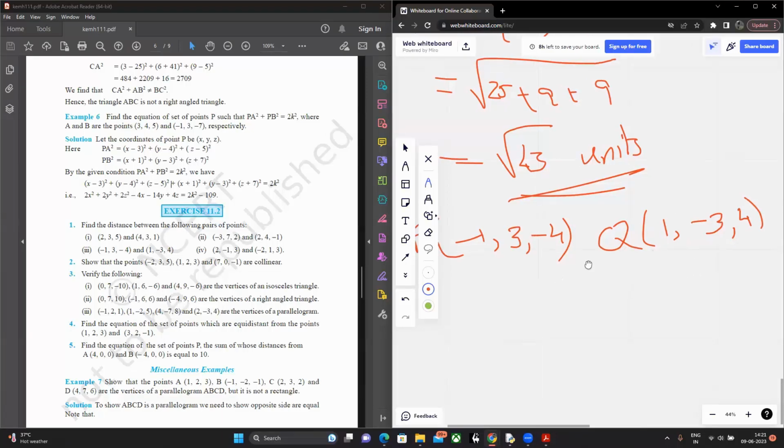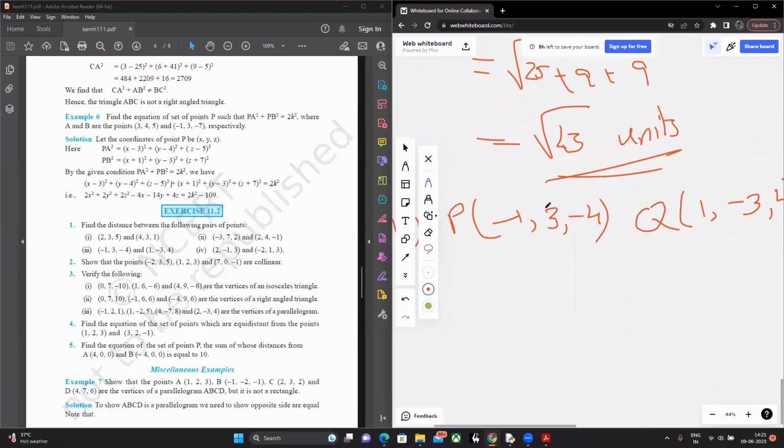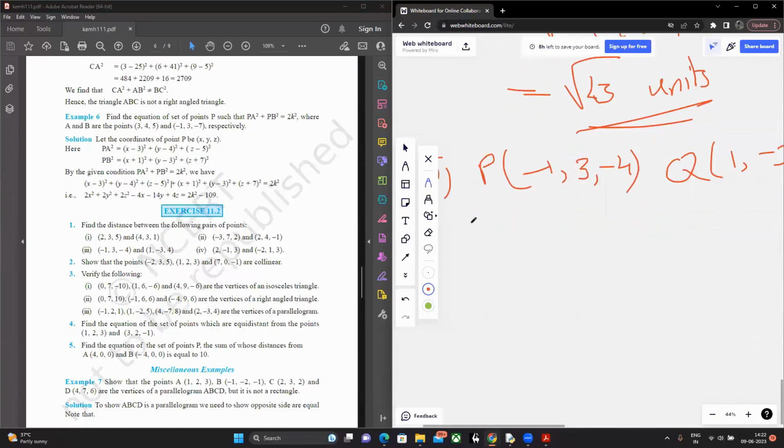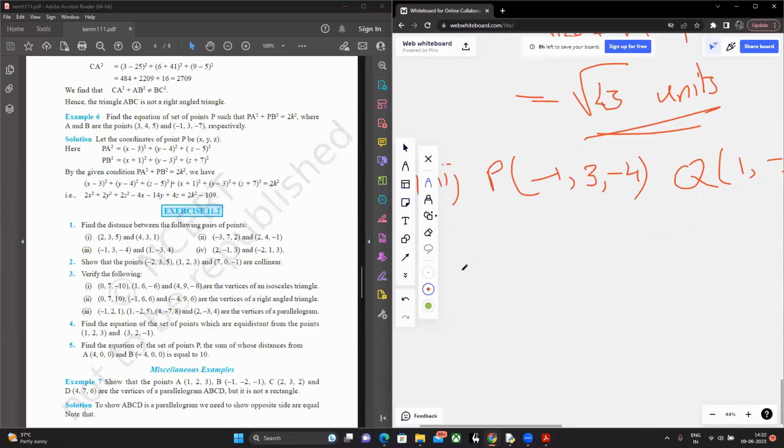That is an interesting fact over here. If you find it difficult to calculate P and Q directly, even though it's not difficult, you can also do it with respect to the origin and then double the distance, and you're going to get the distance of P and Q. But yeah, that's neither here nor there.